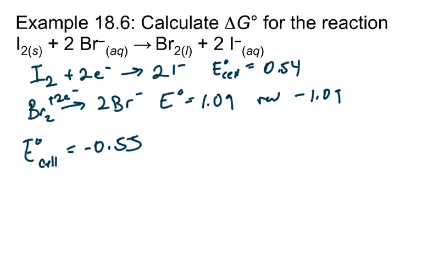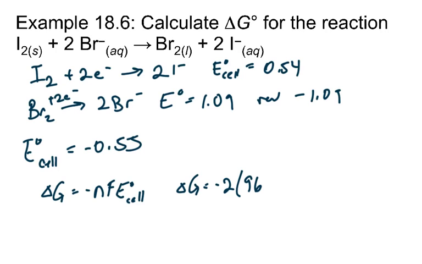Then I can use my equation where my delta G is equal to negative nF times the cell potential. I'm moving 2 electrons, so negative 2 times Faraday's constant, which was 96,485 coulombs per mole, and then times my cell potential, negative 0.55.